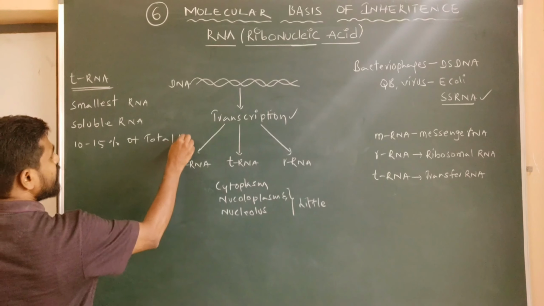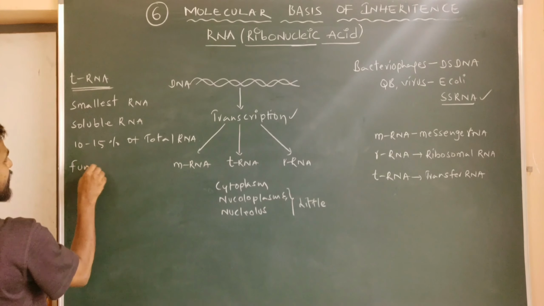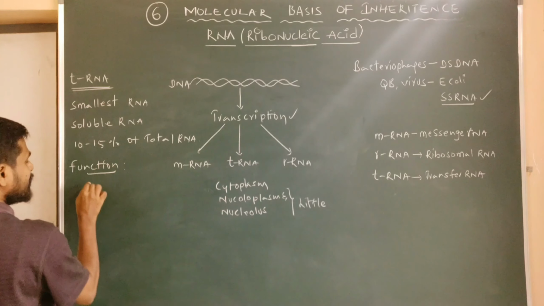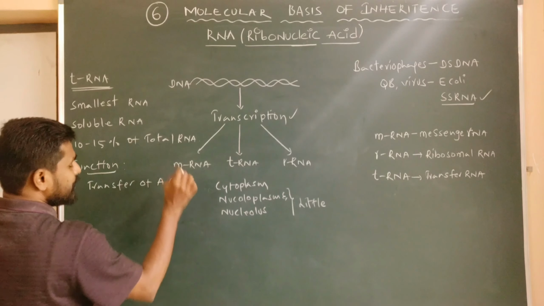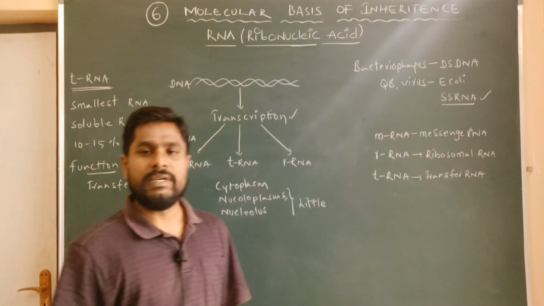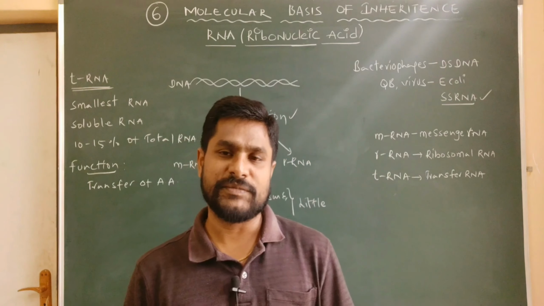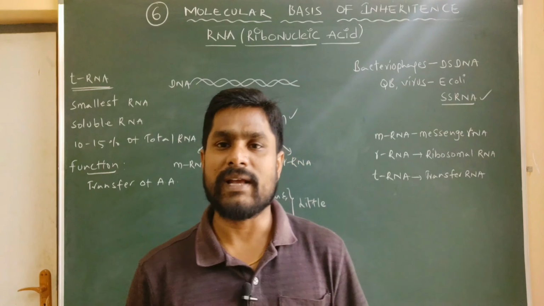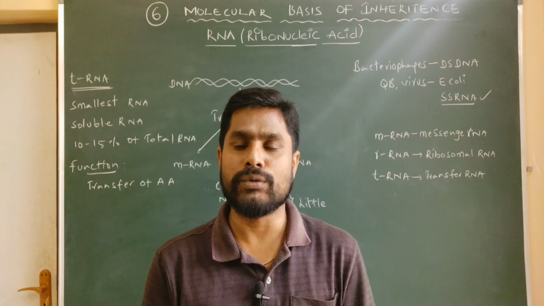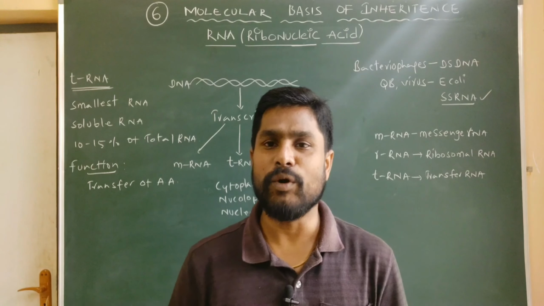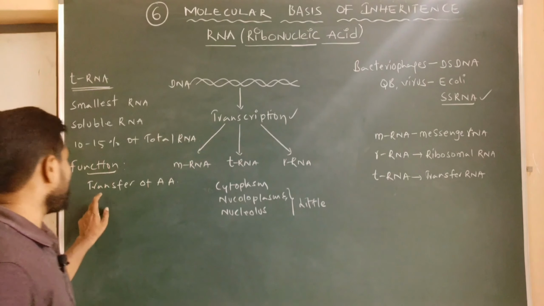And the function of this tRNA is the transfer of amino acids during a process called translation. Here there are 20 types of tRNA molecules specific for 20 types of amino acids. During the process of protein synthesis or translation, a specific tRNA molecule brings a specific amino acid from the amino acid pool to the site of protein synthesis, that is the ribosome. That is the function of a tRNA molecule.